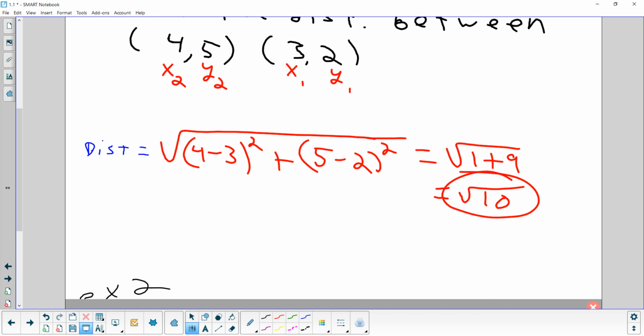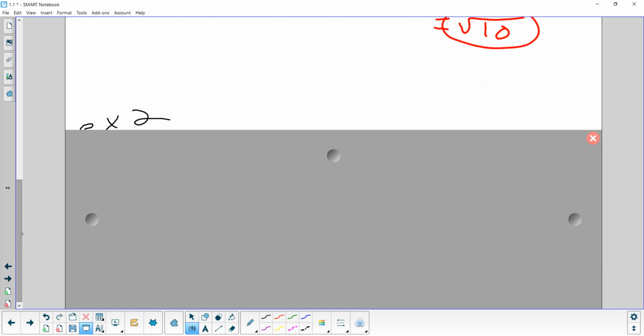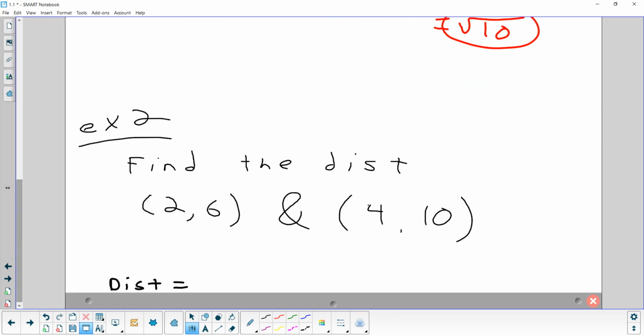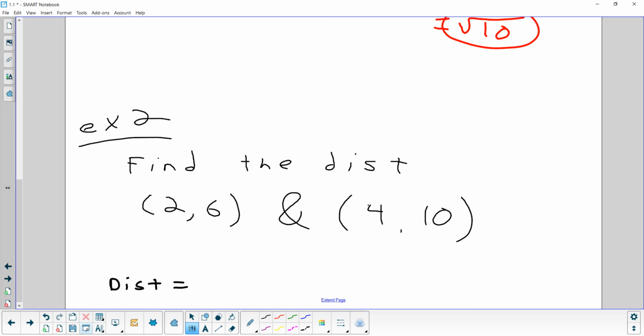All right, let's do one more distance one. Let's find the distance between the points 2, 6 and 4, 10. And this time, something different is going to happen.